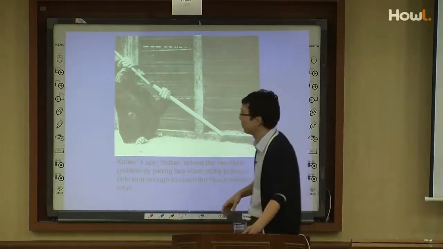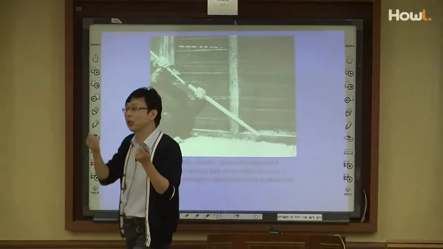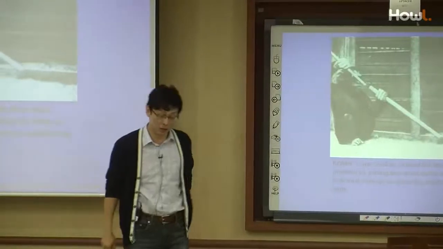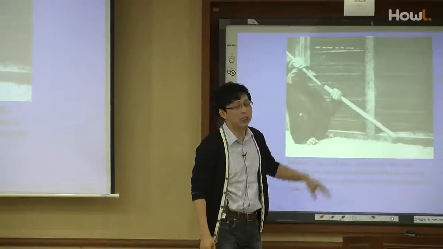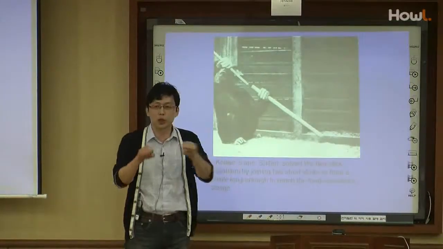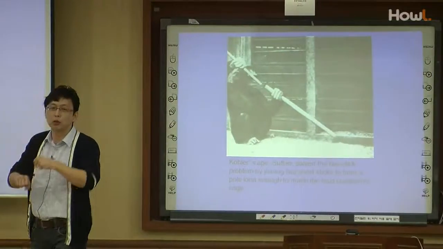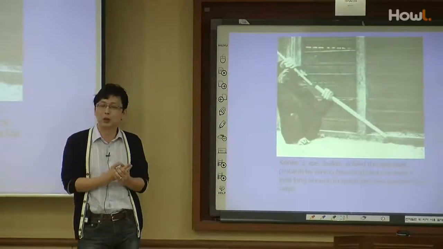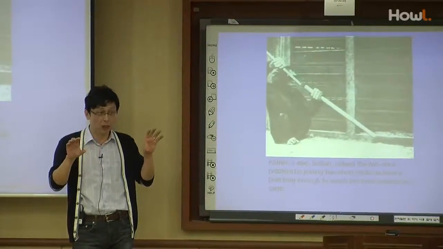What he did was a very simple tool use. They started with a small stick to find their food. But in the experiment, he had to use two sticks together, put them together to reach the food. It takes time to learn this kind of new idea.